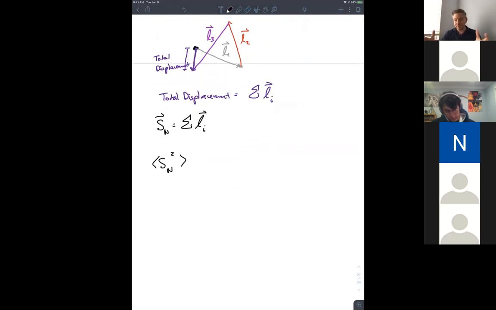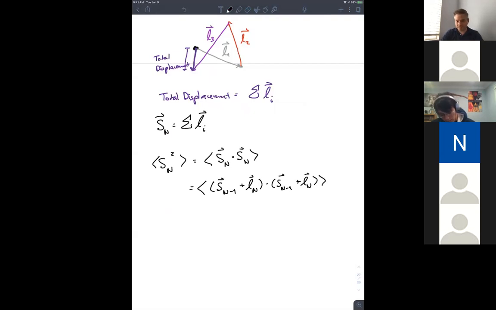Again, it's all just vectors. So this is the square modulus of a vector, which is just s sub n vector dotted into s sub n vector. Or in terms of our previous language, this is s sub n minus 1 plus the last step, dotted into s sub n minus 1 vector plus the last step.